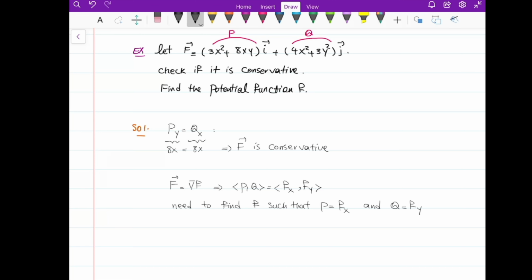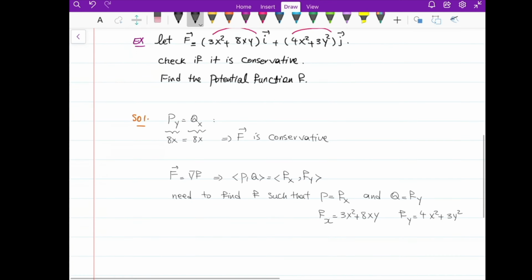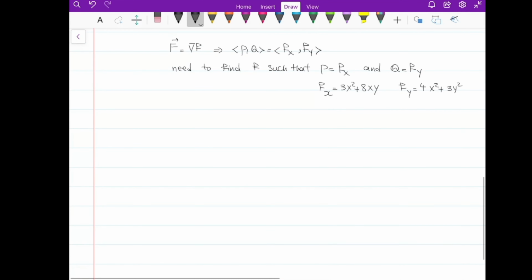So I need to find a function such that its derivative with respect to x is equal to 3x squared plus 8xy, and its derivative with respect to y is equal to 4x squared plus 3y squared.